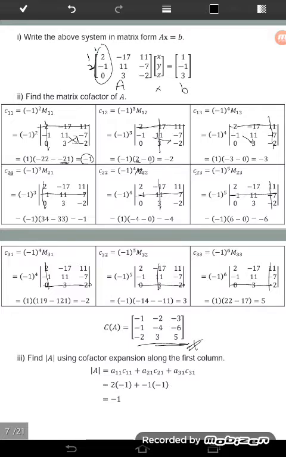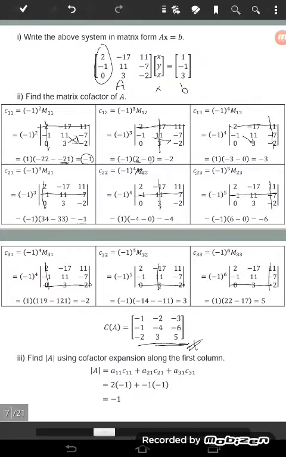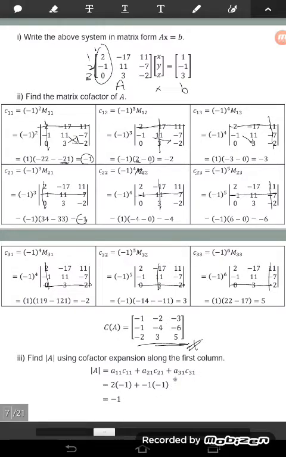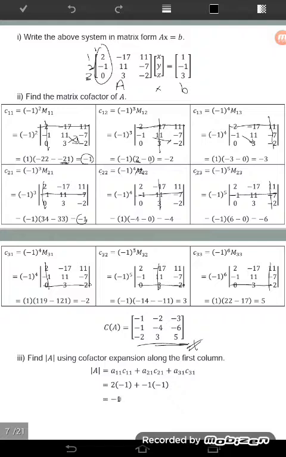Okay, so cofactor is negative 1, and element is negative 1. So negative 1 times negative 1, and this one 0 lah, because element in row 3, column 1 is 0. So therefore we have the determinant of A, which is negative 1.